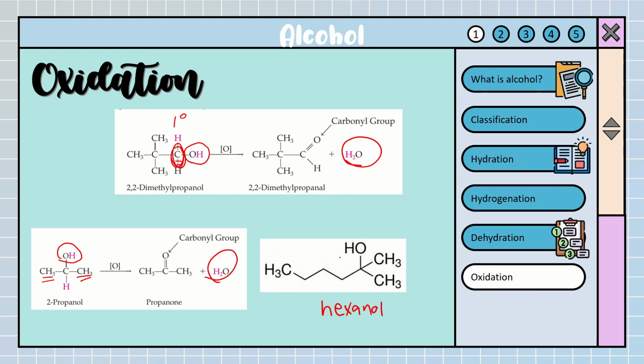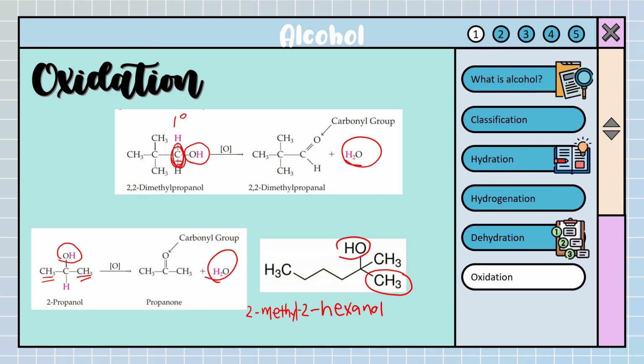Our hydroxyl is bonded at the second carbon, so this is 2-hexanol. And then we have another methyl here, so this is 2-methyl. Therefore, this is 2-methyl-2-hexanol.